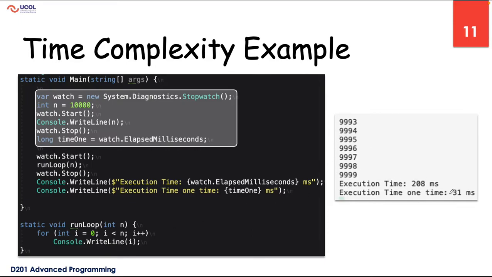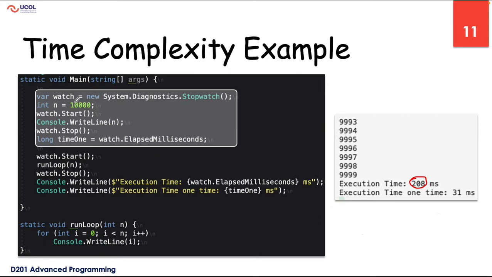If we are executing only one time, it takes only 31 milliseconds. But on the other hand, when we are executing 10,000 times, it takes 208 milliseconds. So you can see that with the increase of the size of the problem, the execution time increases. So I am showing you how you can find out the exact time.